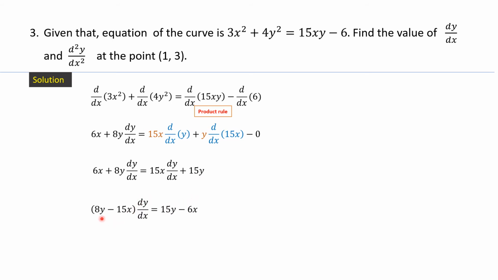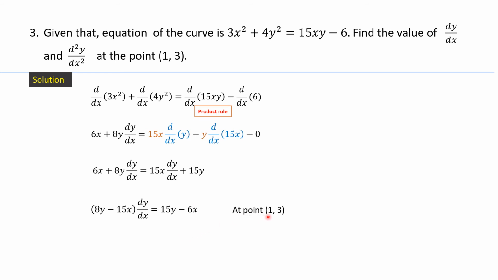So (8y minus 15x) times dy/dx, because we have two terms containing dy/dx here, equals 15y minus 6x.